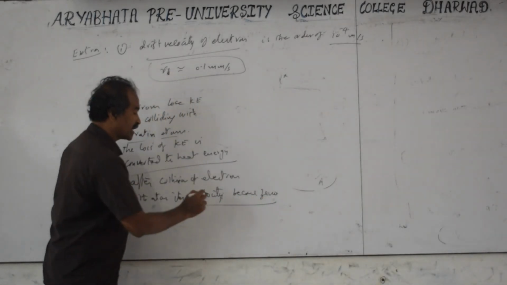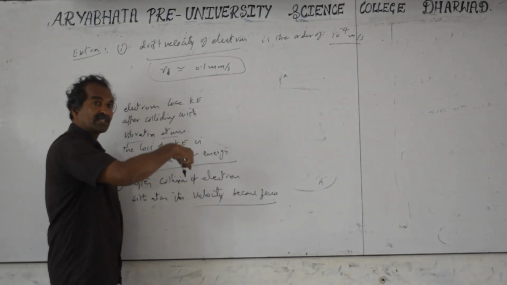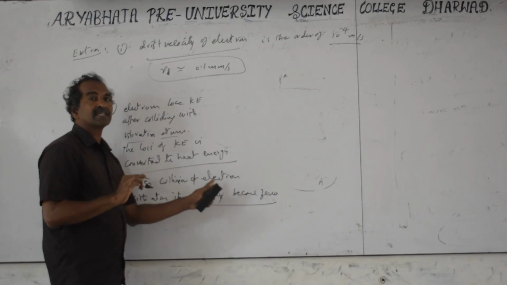So what we take as the drift velocity is the velocity just before hitting, not after hitting. After hitting, the final velocity is 0, but we are not taking that as the final velocity v. We are taking just before hitting, the velocity is v.